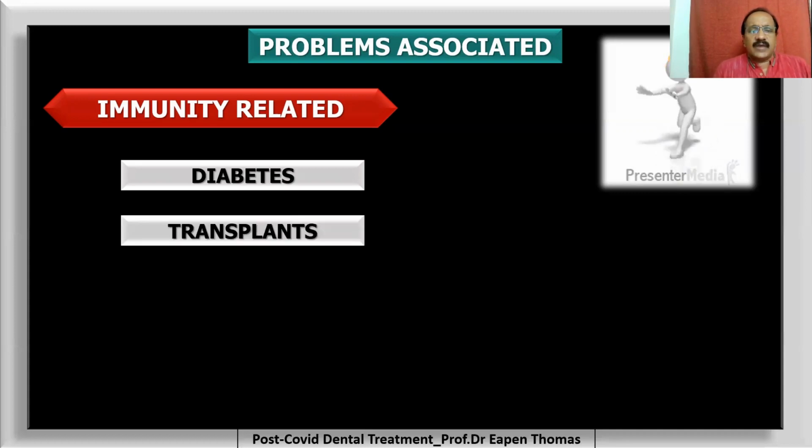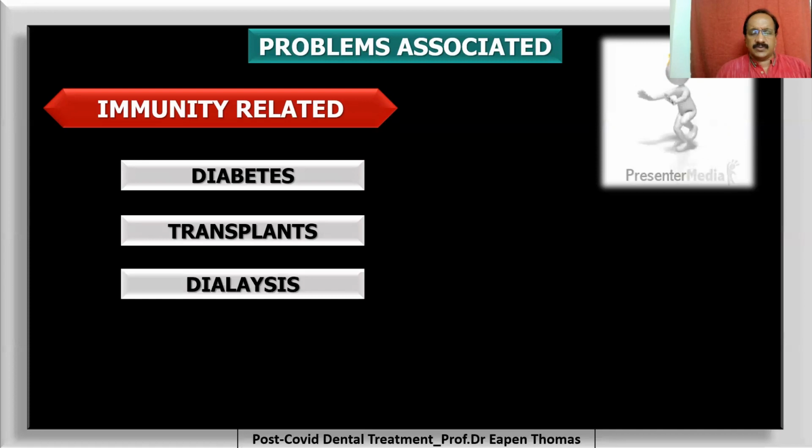And patients who may already have some sort of transplants or artificial joint prostheses would already be on steroids and other major drugs to prevent these organs from being rejected. So in such patients, when they are again attacked by COVID-19, there is a severe drop in immunity, and that is again going to make things difficult for us in managing dental situations, mainly the surgical aspect and stress-related problems.